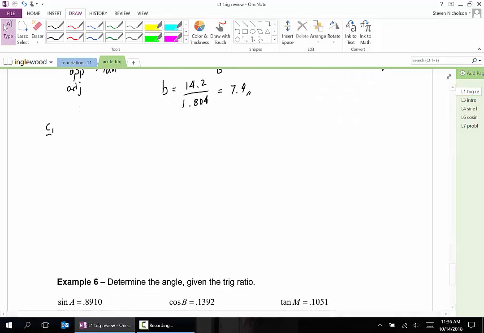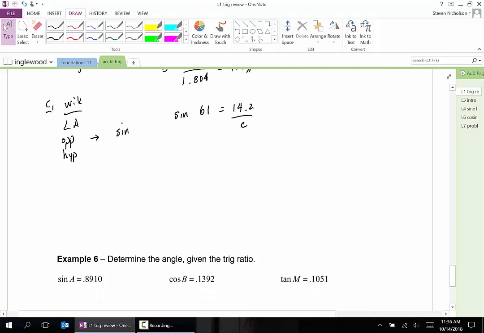So let's figure out what trig ratio. Well, what do I know or want to know? I know angle A, I know the side opposite of angle A, and I want to know the hypotenuse. And again, that points out the sine ratio. So the sine of our angle is equal to the side opposite over the hypotenuse.